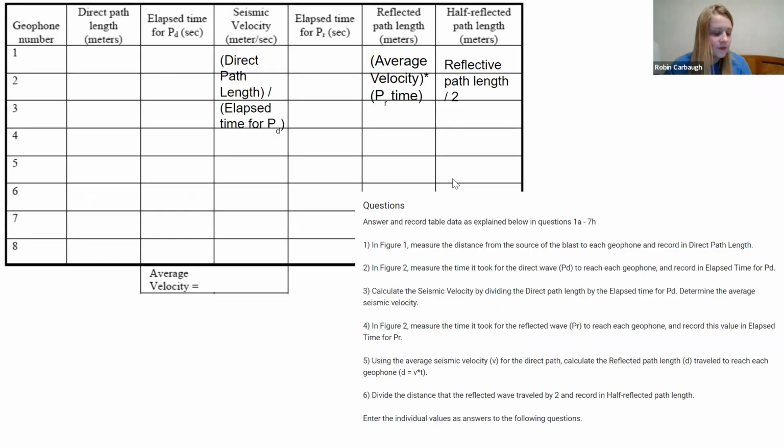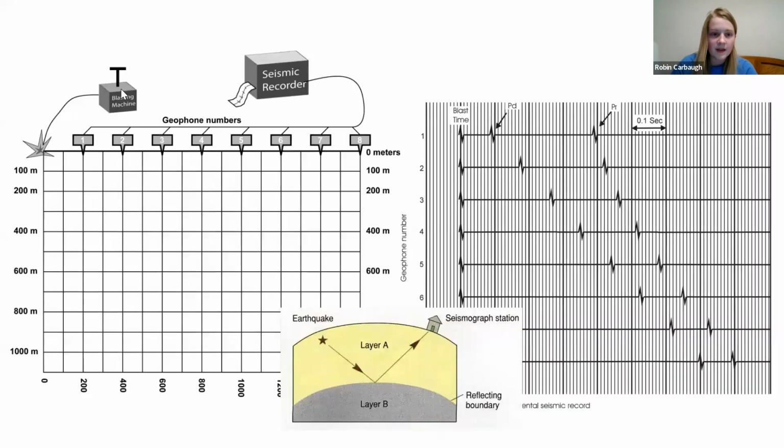Okay. For filling out this table, this is a lot of the questions in the lab. It gives a nice description right before the table on how to fill it all out, but I'll run through it. The direct path length is how far each geophone is from the explosion.